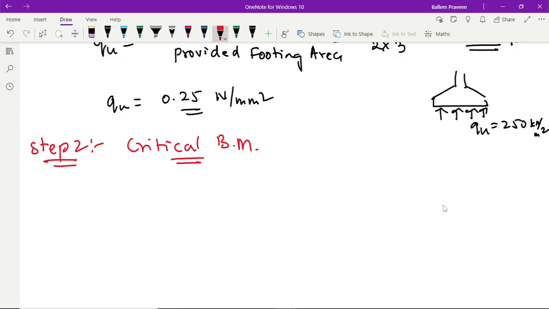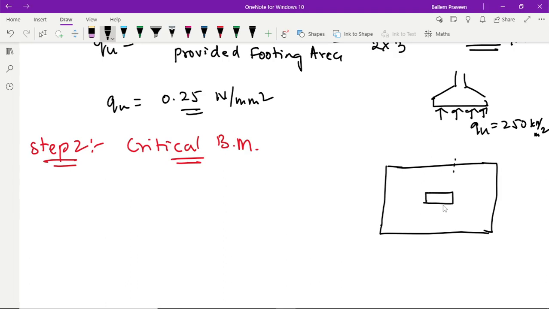Okay, now let us calculate the bending moment, but look here, for calculating the bending moment you will have two bending moments. For the critical bending moment, you will consider from the column face, right?